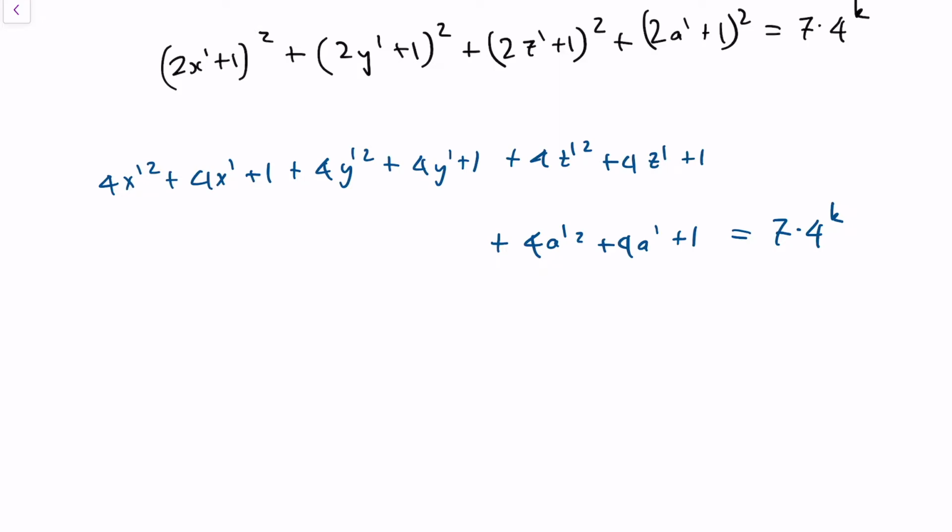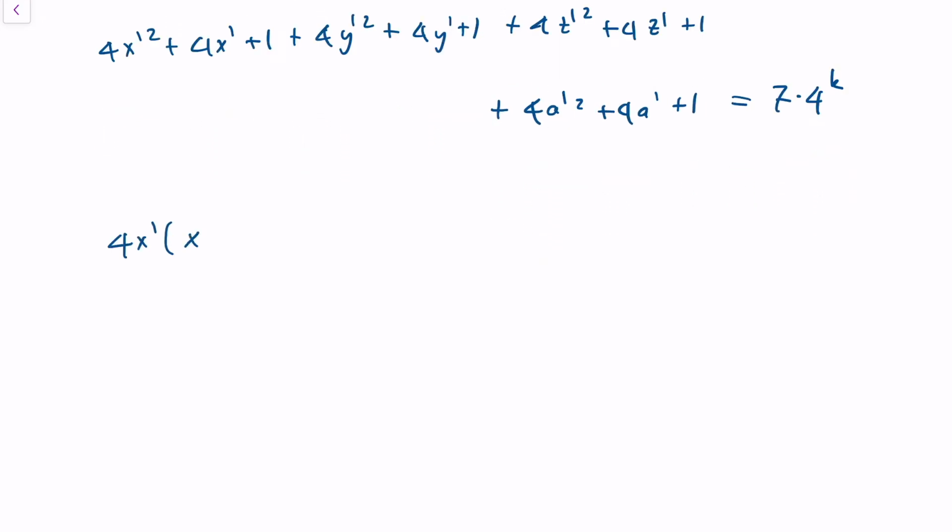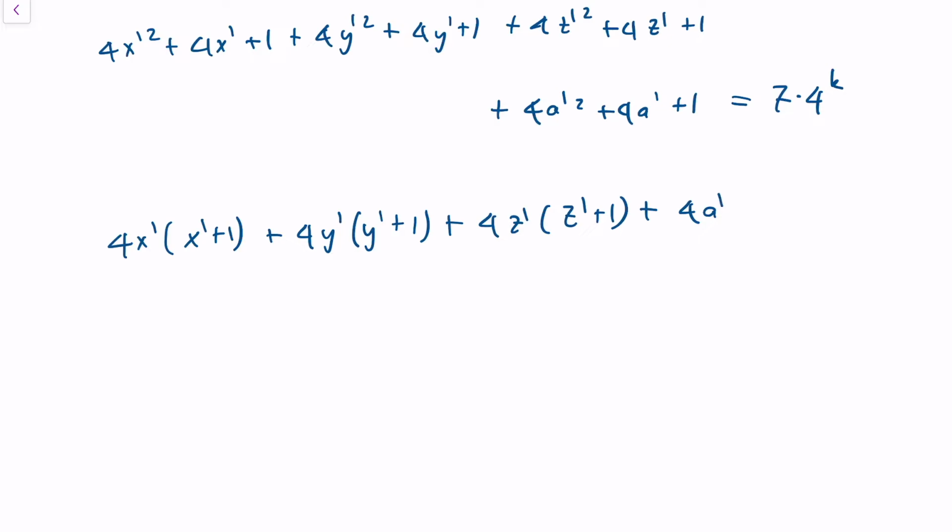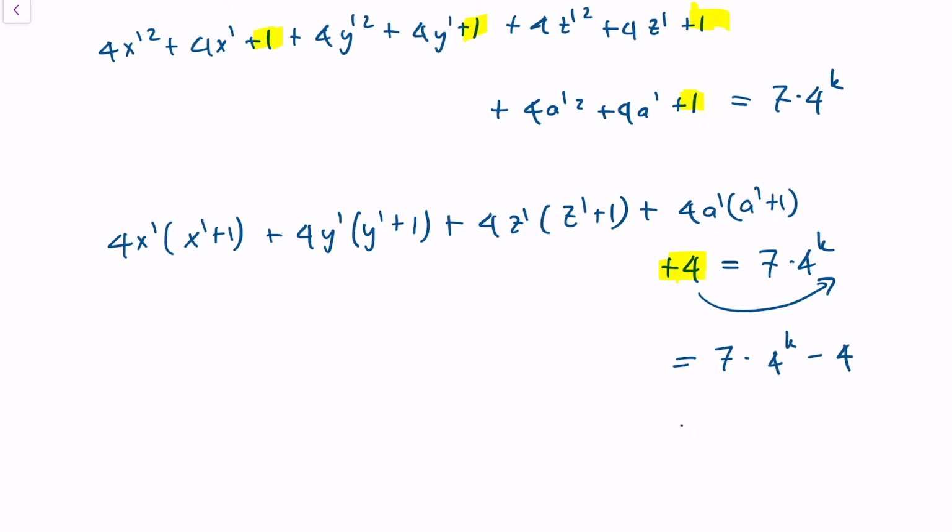If we factorize it, we have 4x dashed times x dashed plus 1, plus 4y dashed times y dashed plus 1, plus 4z dashed times z dashed plus 1, plus 4a dashed times a dashed plus 1, plus 4, is equal to 7 times 4 to the k. Notice we get this 4 by adding these 1s here. So we can take that 4 to the other side, which gives us 7 times 4 to the power of k minus 4, and we can write it as 4 times 7 times 4 to the power k minus 1, right?